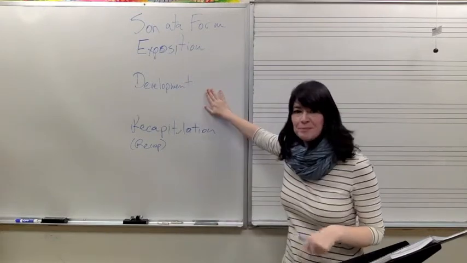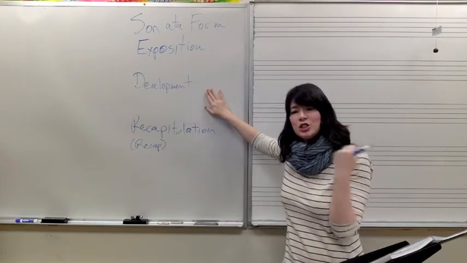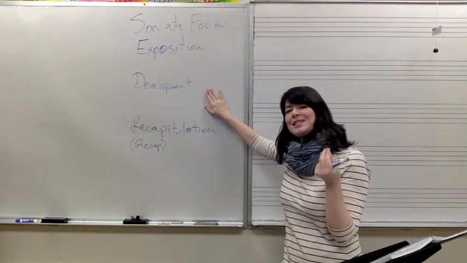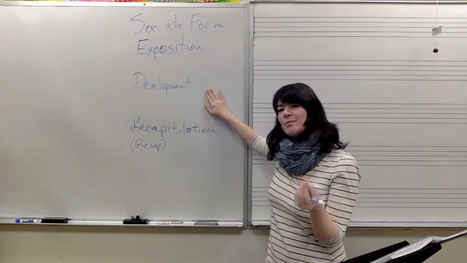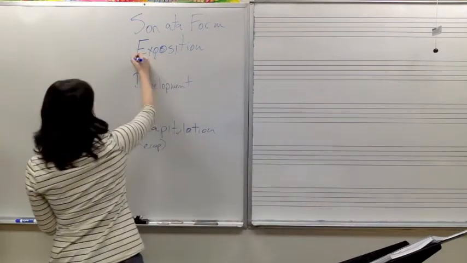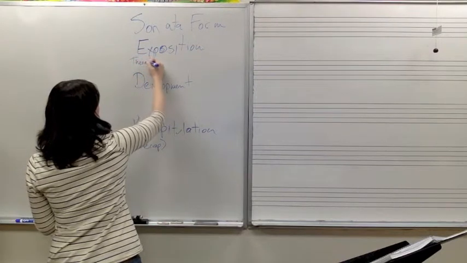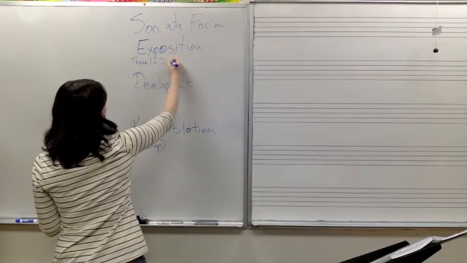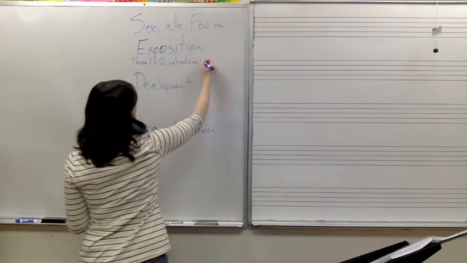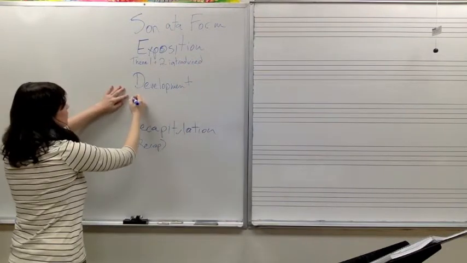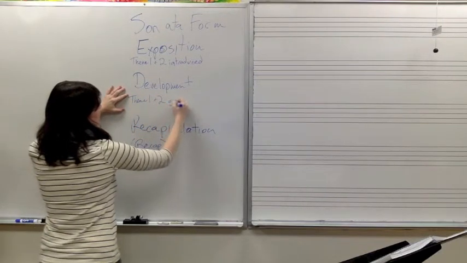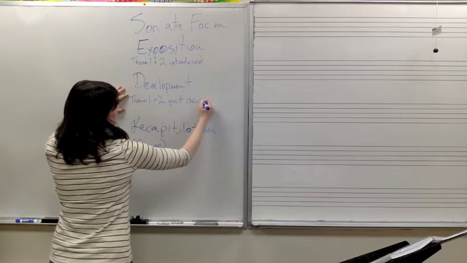So that's the development. Generally what happens though, even though it's an anything goes situation, what's typical is that the composer will take the first themes, theme 1 and 2, and he will develop these themes. So theme 1 and 2 get developed.